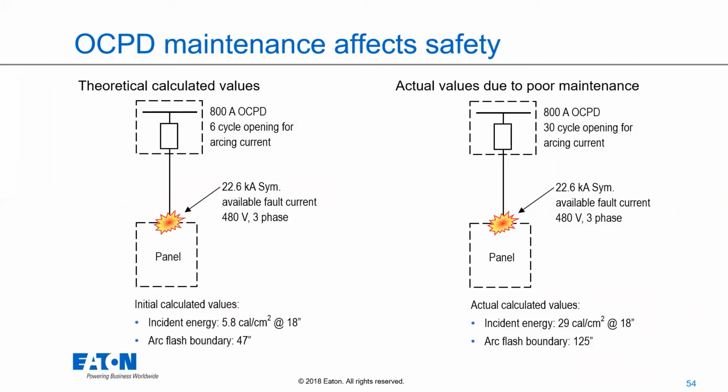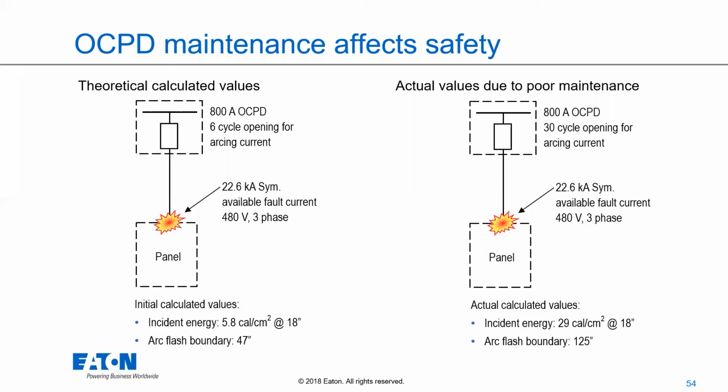But why do we care about maintenance? It's mostly because maintenance affects safety. An example here: let's look at the left. These are my theoretical calculated values. This piece of equipment is brand new and operating exactly the way it's supposed to. I have an 800 amp overcurrent protective device. It's going to open in 6 cycles. I've calculated my arcing current as a result. I've labeled all of my equipment.